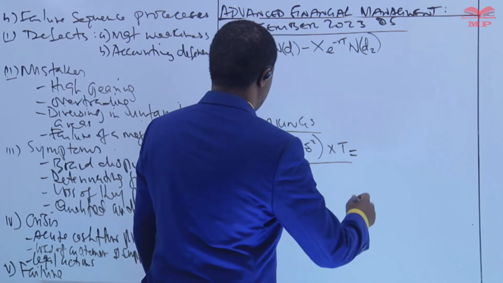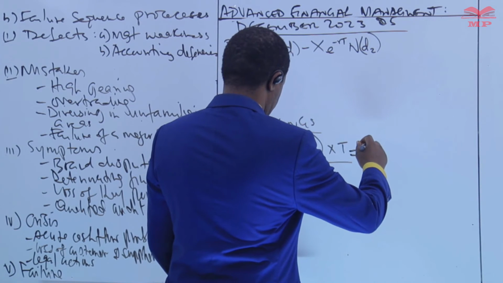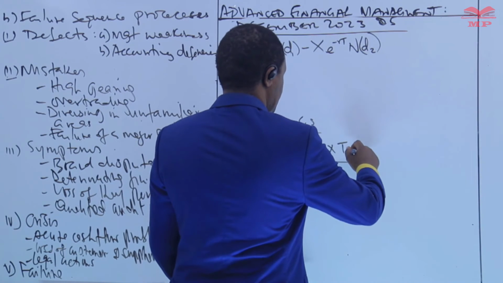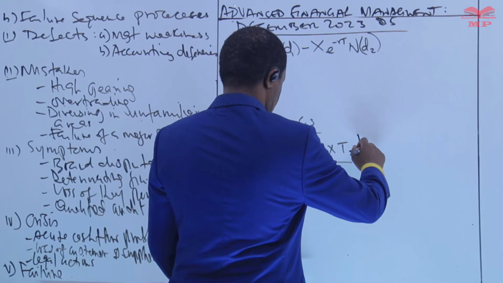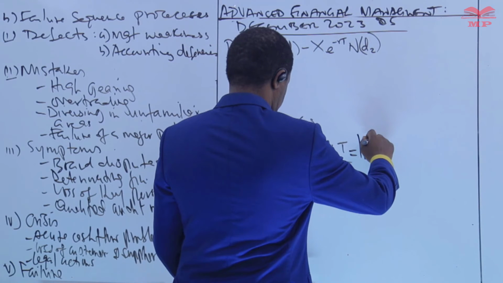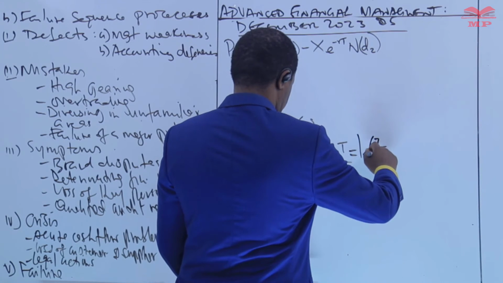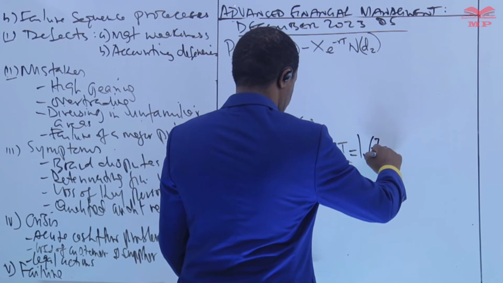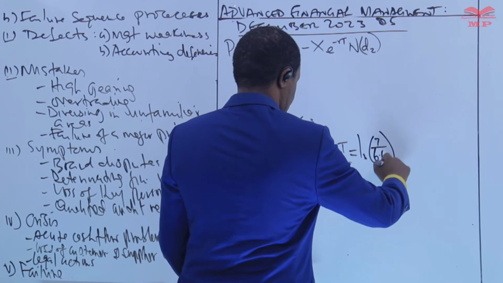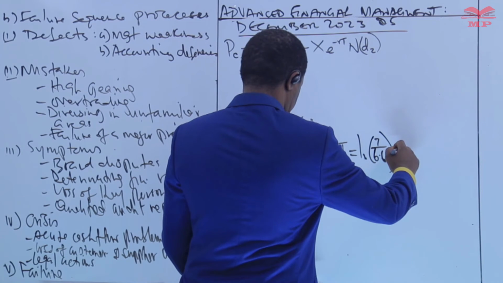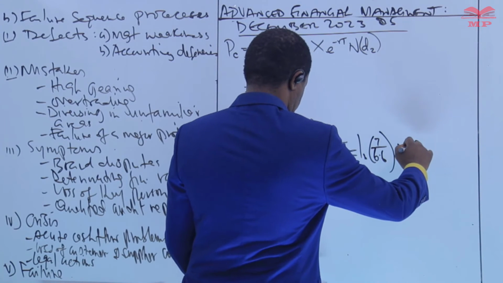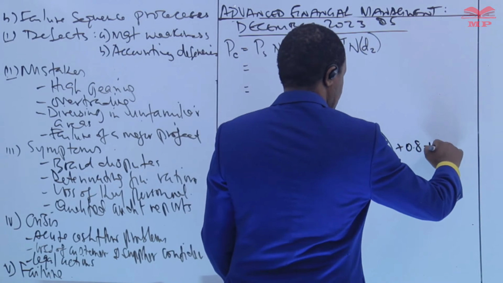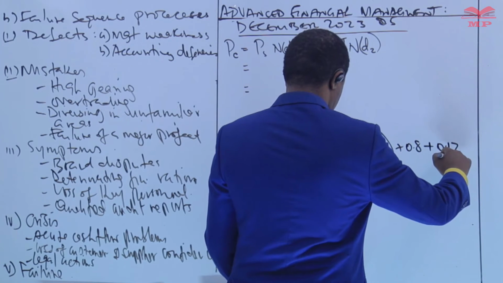These values are to be obtained from the question. So we can substitute here the natural log of 7 over 6.6 plus 0.8 plus 0.12.